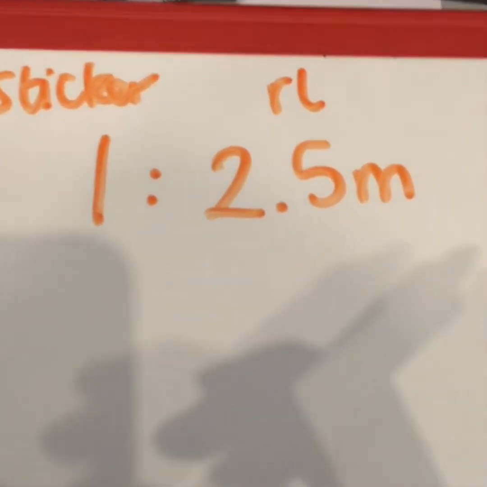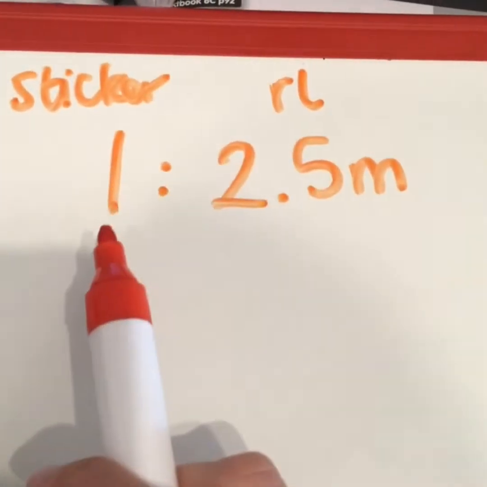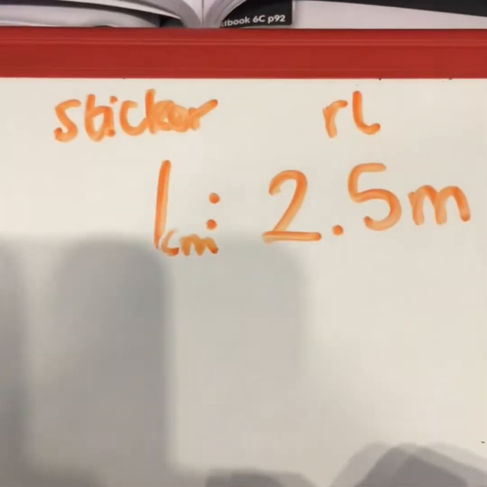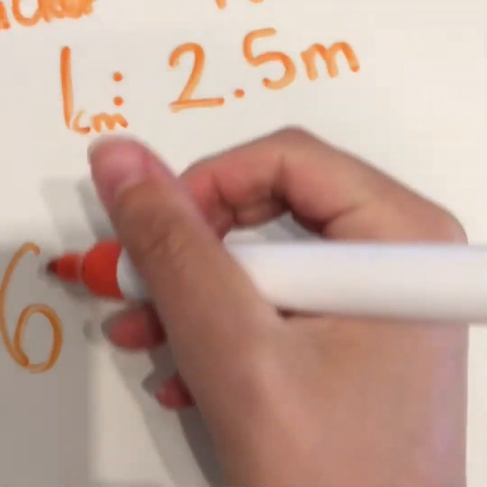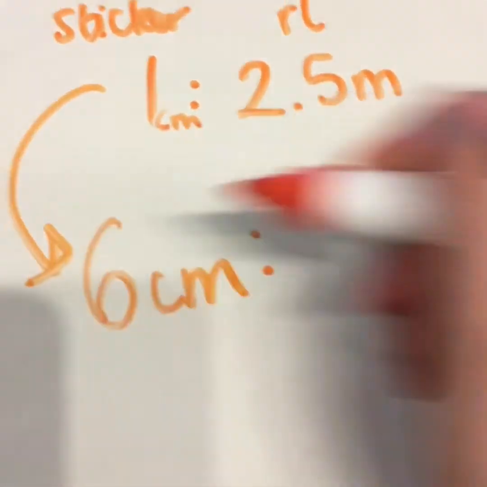Okay, so hopefully you wrote something down that the sticker to real life ratio is 1 centimetre to 2.5 metres. Now, on the picture, the sticker was 6 centimetres long. So underneath, on the sticker side, I know that I've got 6 centimetres. What have I times 1 by to get to 6?